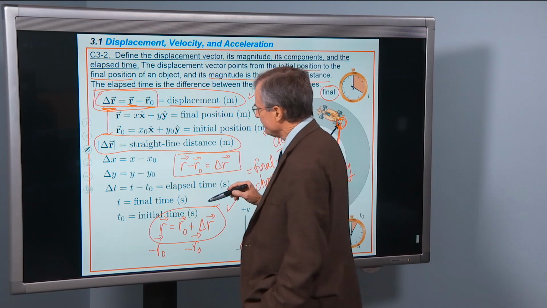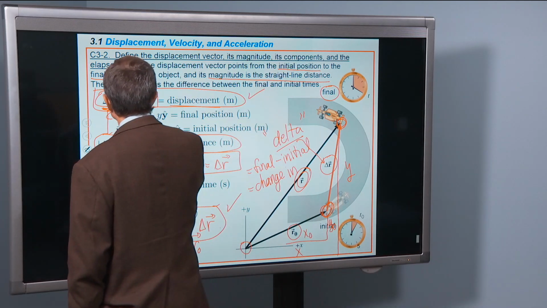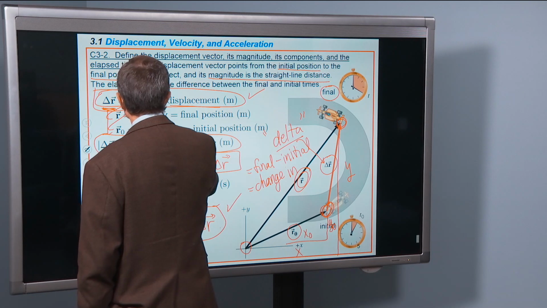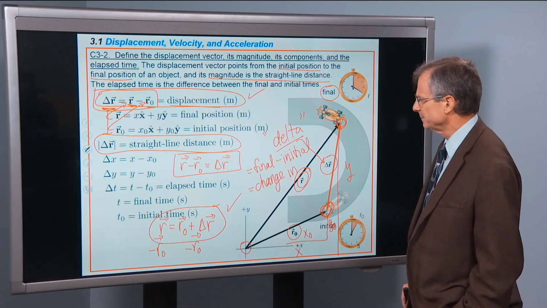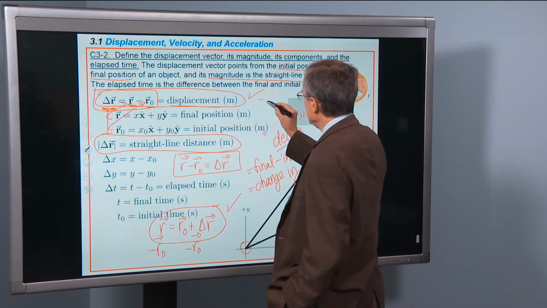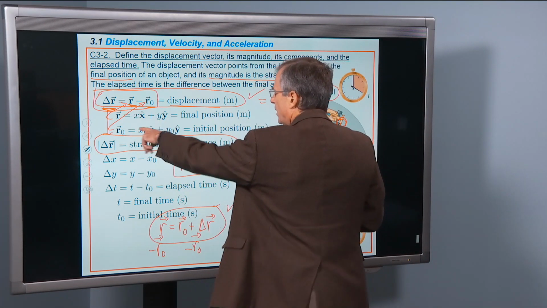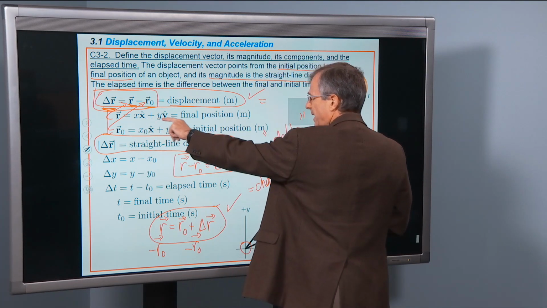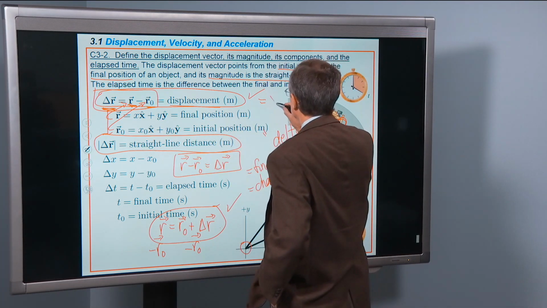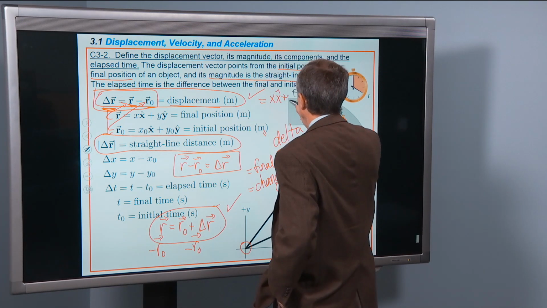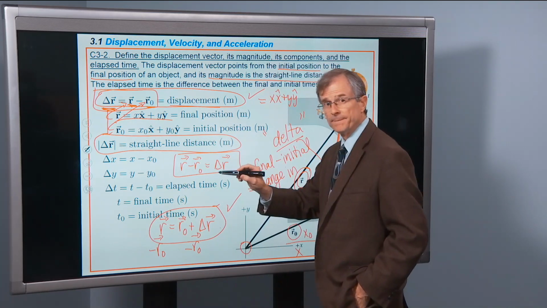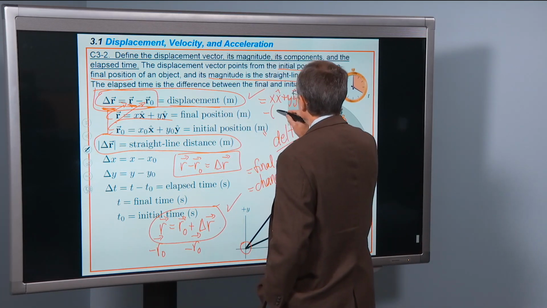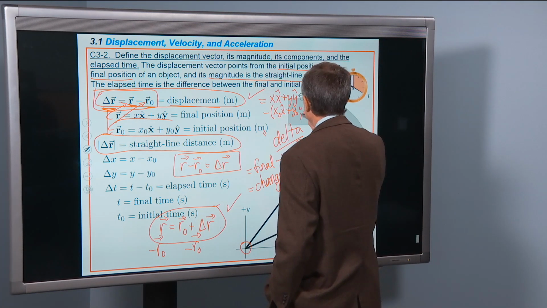So if we substitute this r into here and this r naught into here, then we see that delta r is x x hat plus y y hat, that's the r that we substituted in, minus x naught x hat plus y naught y hat.